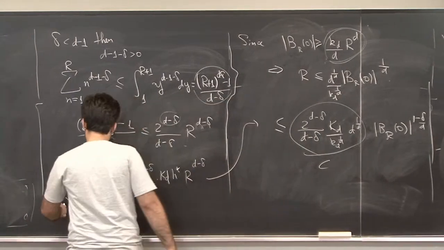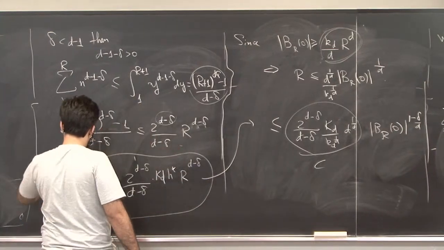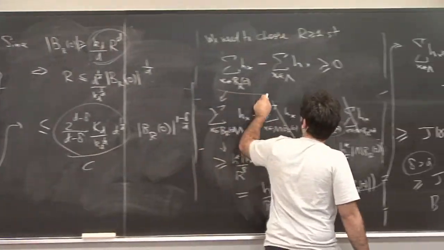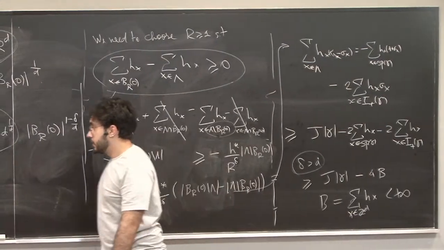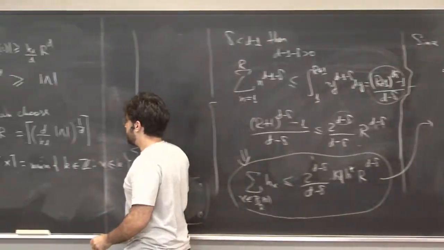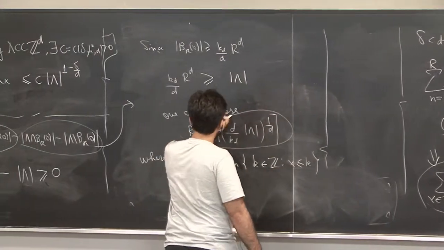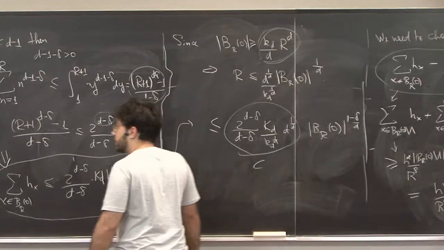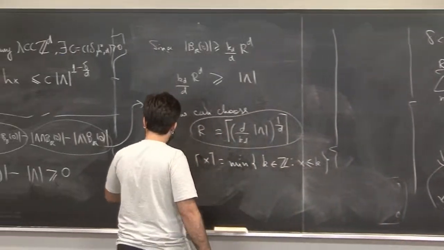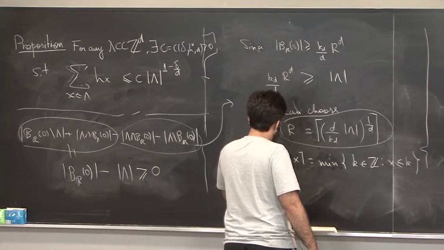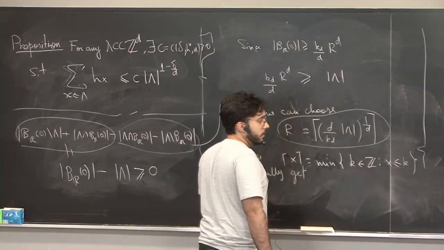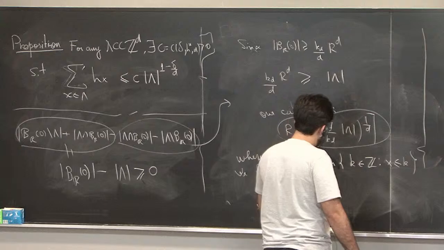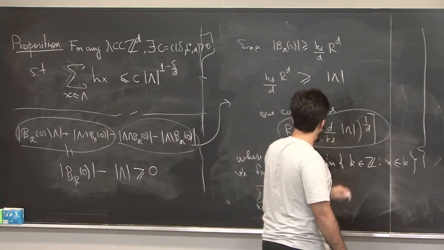So using this upper bound, and this upper bound for lambda, together with this choice of r, we finally get that the sum of h(x), x inside lambda, will be less than this quantity over here.